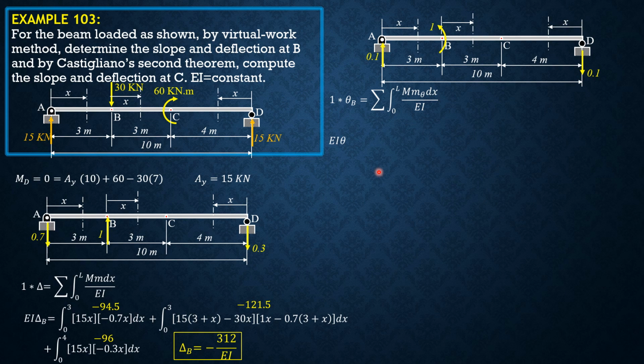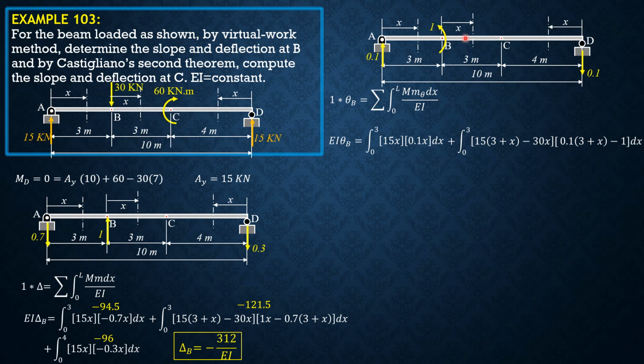So cross multiply, EI theta B is integral from 0 to 3, copy the big M here, which is 15x. Then the moment at this section this time is positive, also 0.1 times x. Then in this section here, we copy the big M, which is integral 0 to 3 of 15 times 3 plus x minus 30x. The small m this time is 0.1 times 3 plus x minus 1.